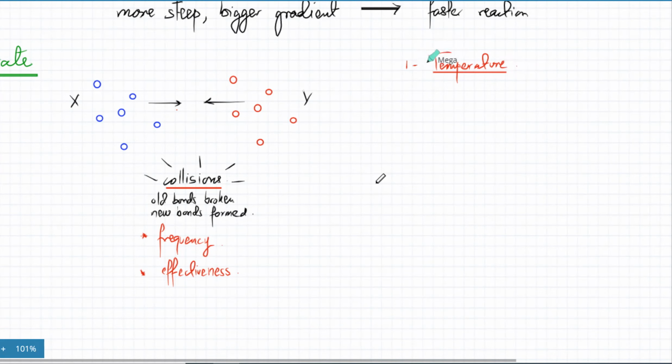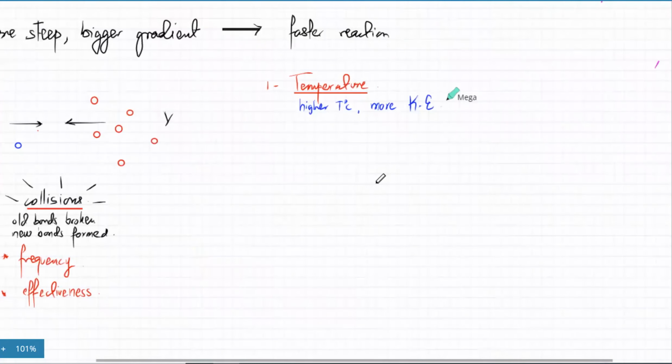And if there's more kinetic energy, particles are going to bump into each other more frequently as well.